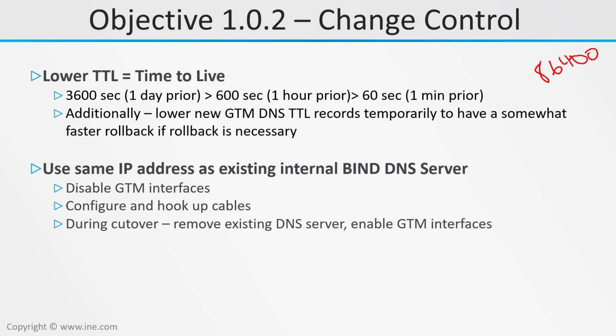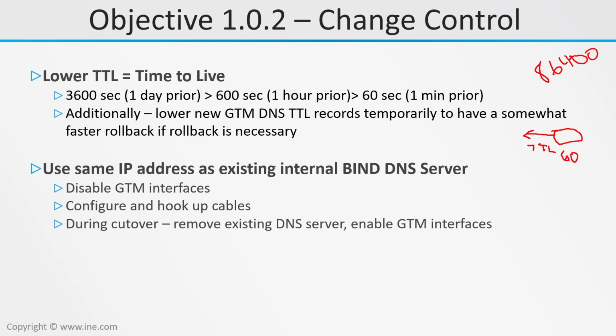So additionally, you can lower the new TTL records temporarily. So when you put in, let's say, the DNS platform, you can lower the TTL records. So as they're sending out information with the TTL value, it would be a really low value, like 60 seconds.